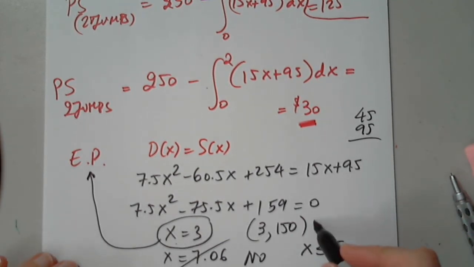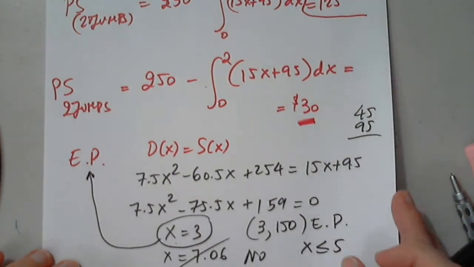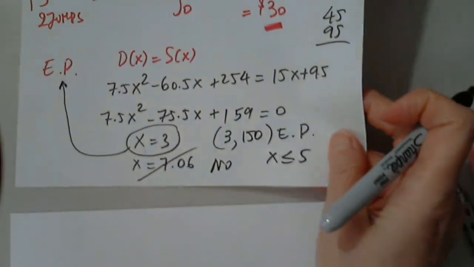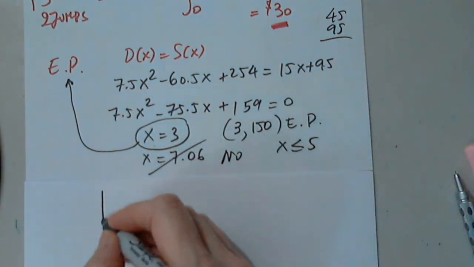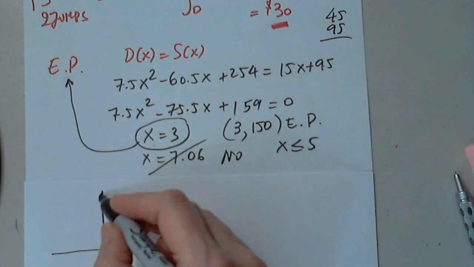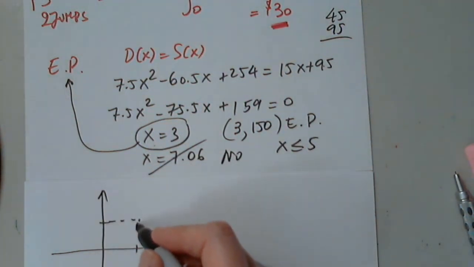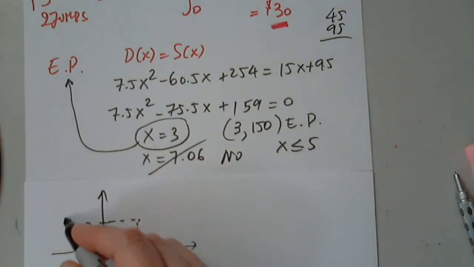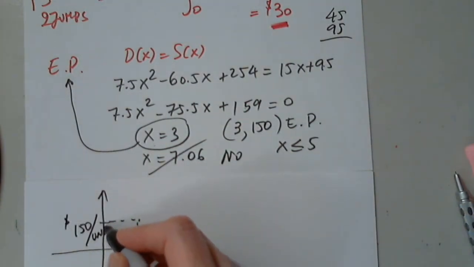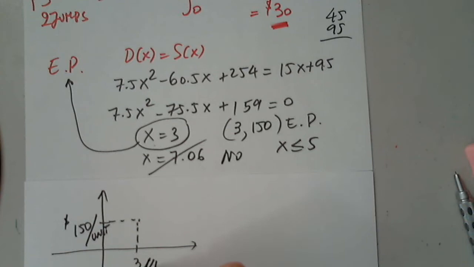So this is the equilibrium point, which means when we look at the demand and supply, this is 3 and this is $150 per unit, and this is units.